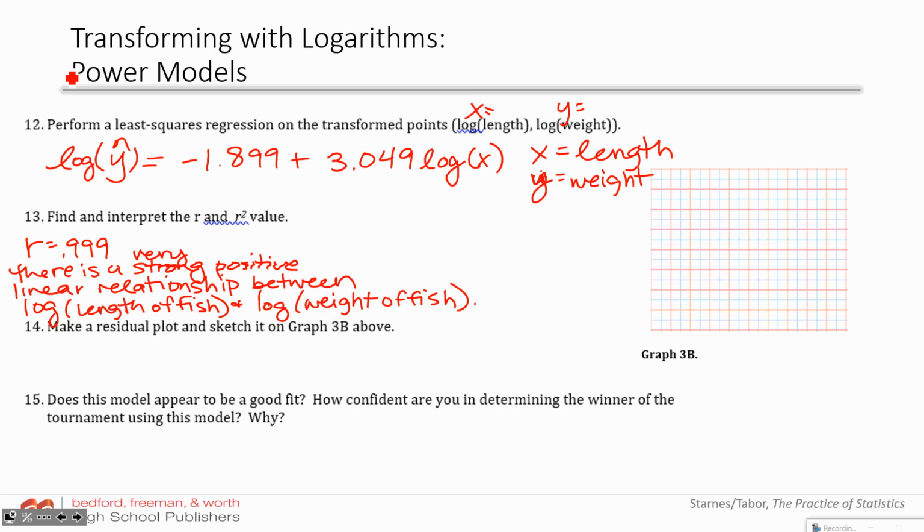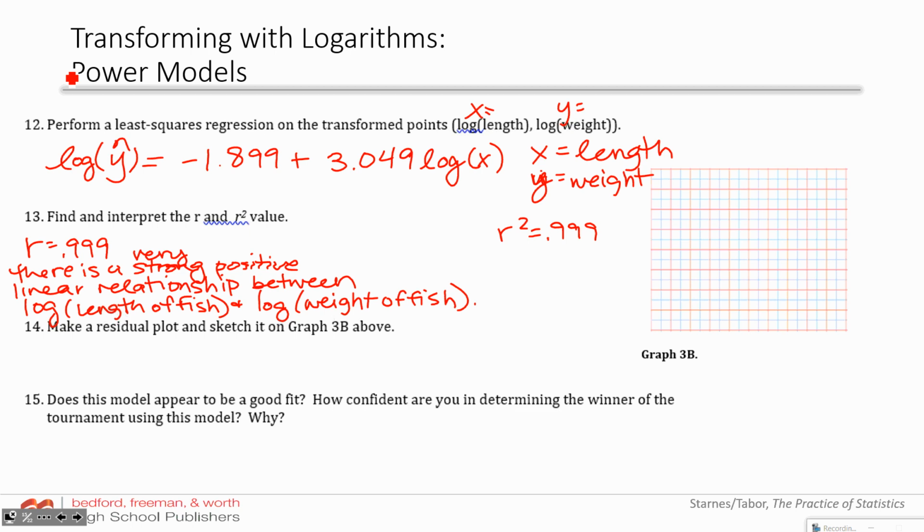And the r squared was also 0.999. Again, really high, really close to 1, right? So again, r squared tells us about the variability in the y. So in this case, the y is not really y, it's the log of the weight, right?